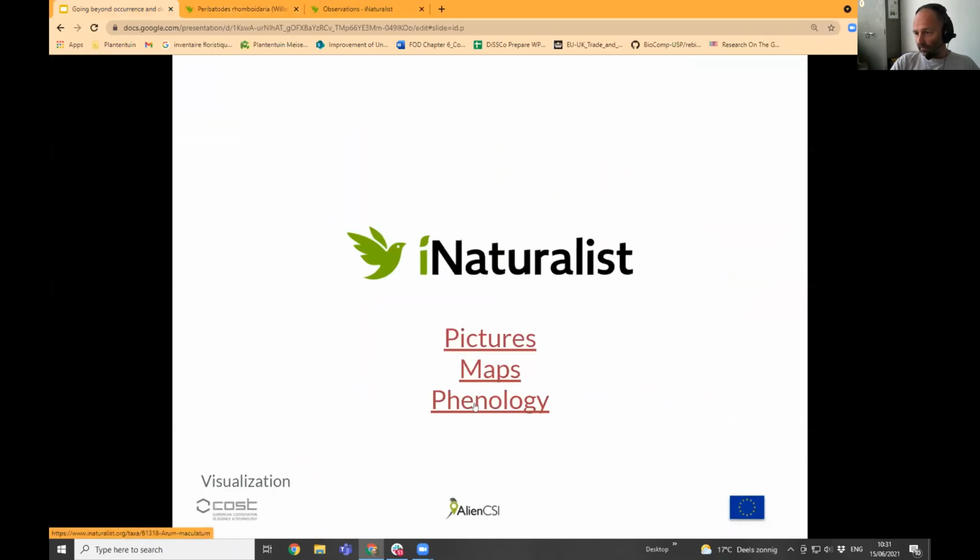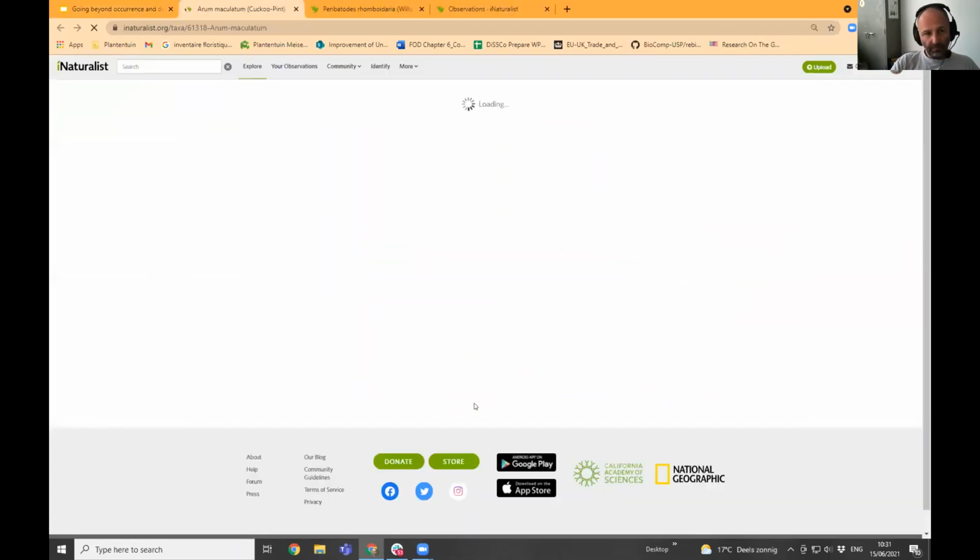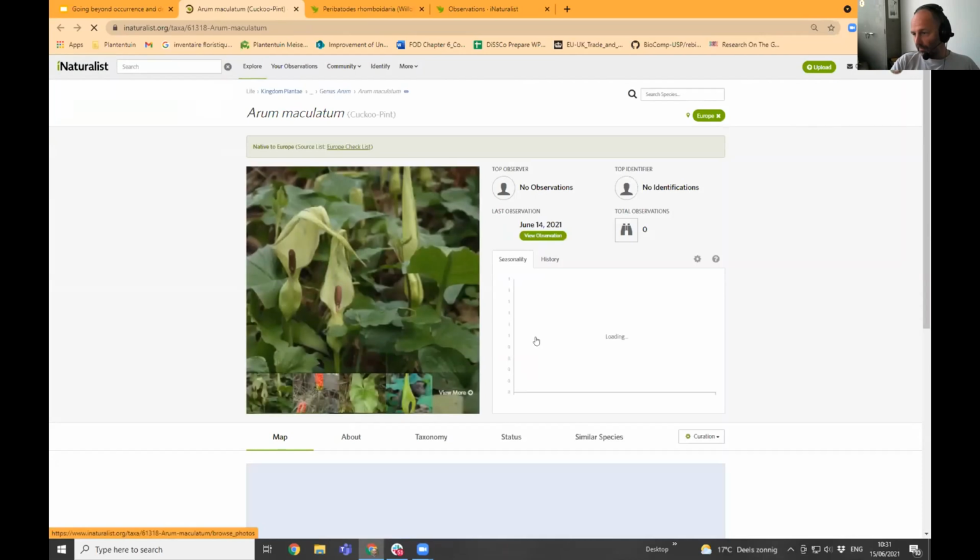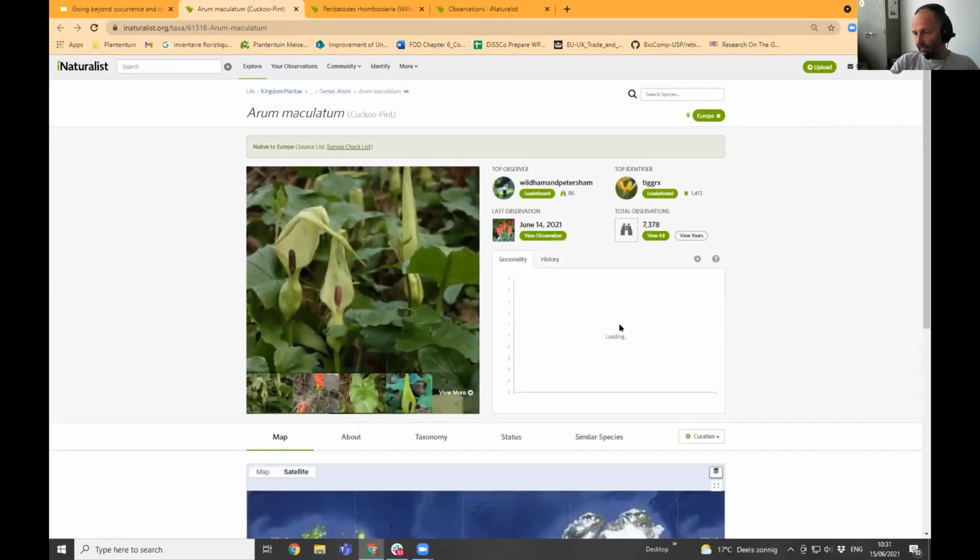And we've also got phenology, which iNaturalist does, and you can see it loading here. I picked Arum maculatum for this example because it's classically double peaked: it has a peak when it flowers in the springtime, and a peak when the bright red berries are obvious in the autumn.